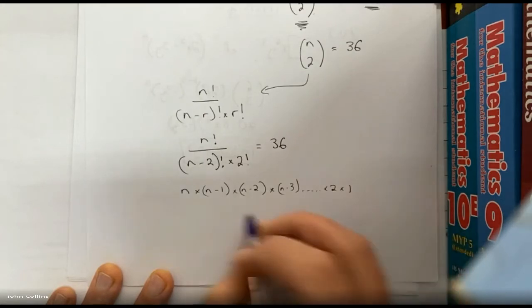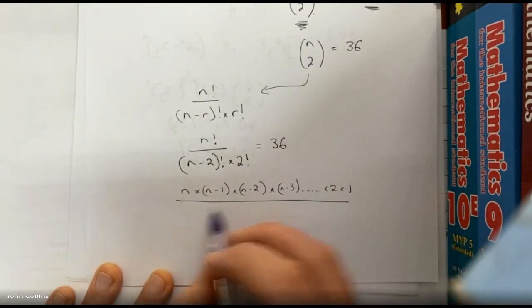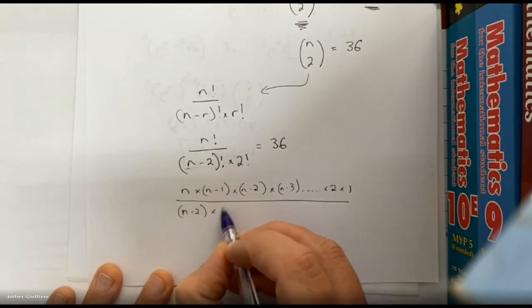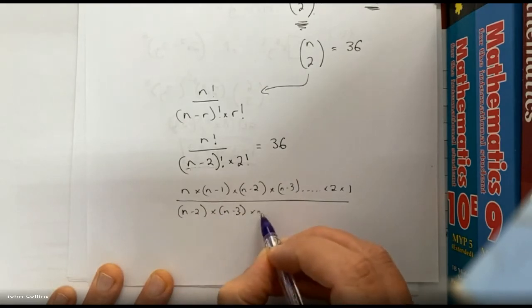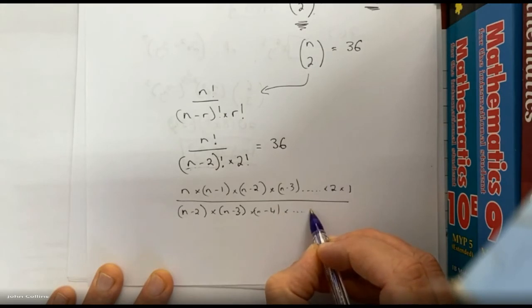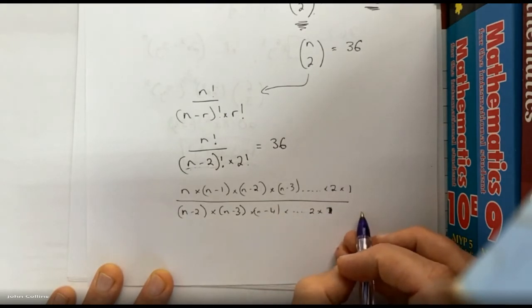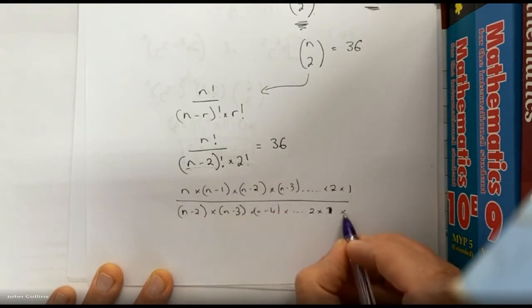That's n factorial. That's the top line. The bottom line, and hopefully some of you have seen where I'm going with this, (n minus 2) factorial is (n minus 2) times (n minus 3), one less, and so on. Sorry, it finishes at 1. And then there's an extra 2 times 1 at the end here.